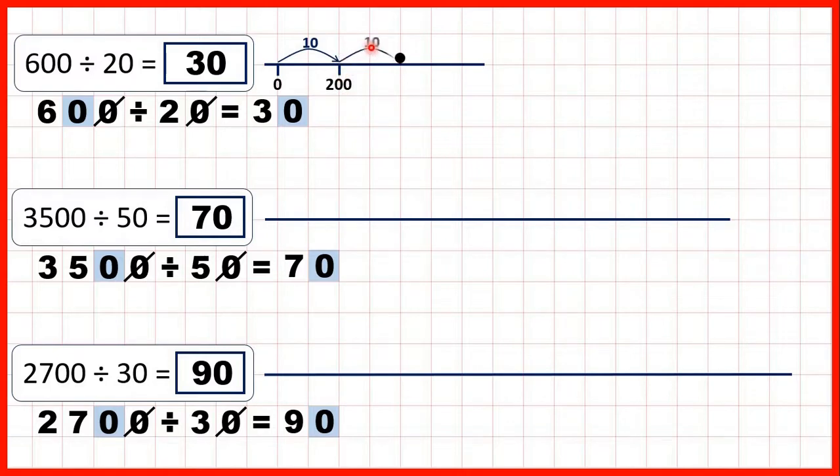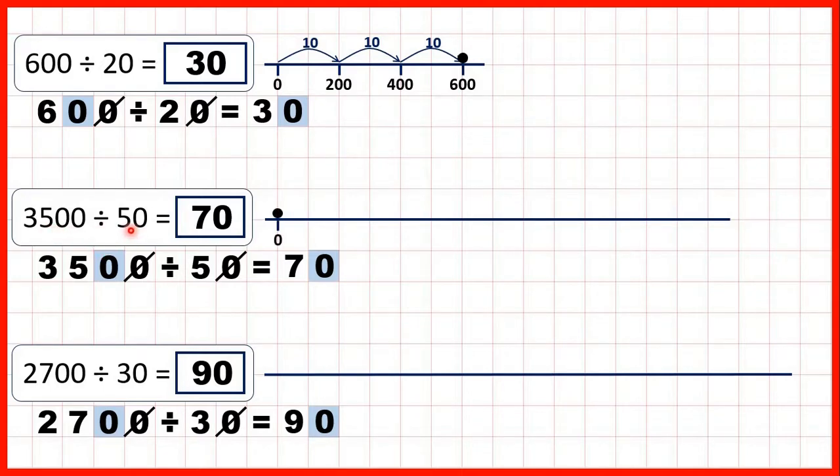If we add another 10 lots of 20, that would take us to 400, and then another 10 20s would take us to 600. So, because we've counted on 10 lots of 20 3 times, we've counted 30 steps of 20 altogether.